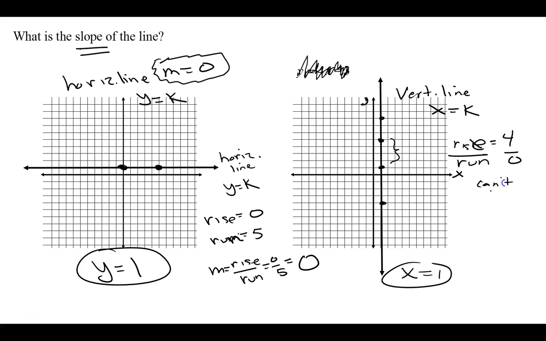If you try to divide by 0, it's called being undefined. That's an undefined concept. So for a vertical line, your slope is undefined. Okay, great.